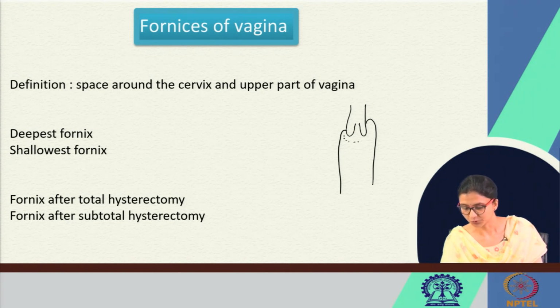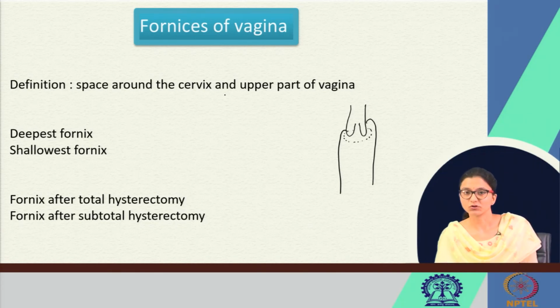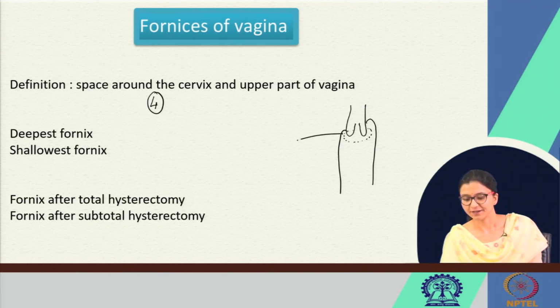All through will be the dead spaces and these are known as the fornices. So, the space around the cervix and the upper part of vagina is called fornix. How many fornices are there? There are 4 fornices: anterior fornix, posterior fornix and 2 lateral fornices.